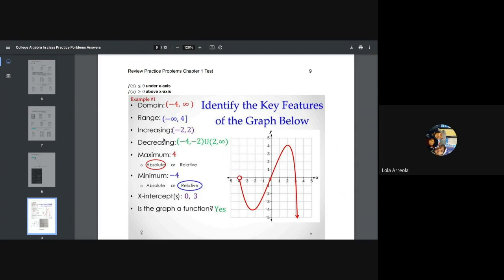Again, when I look at increase, decrease, I'm scanning left to right, similar to domain. So I'm increasing from -2 to 2. Where am I decreasing? Everywhere else. -4 to -2, my graph is going down. From 2 to infinity, again, my graph is going down. In this case, there are 2 instances where I'm decreasing.